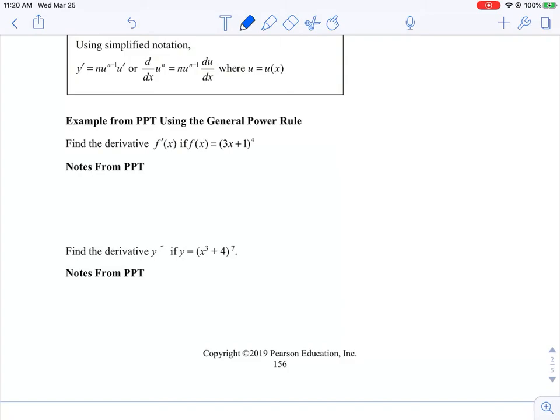So looking at our first example, we do our regular power rule: bring the 4 down front, to the n minus 1. But now we need to take the derivative of what's inside. And then you might want to clean that up, simplify it.